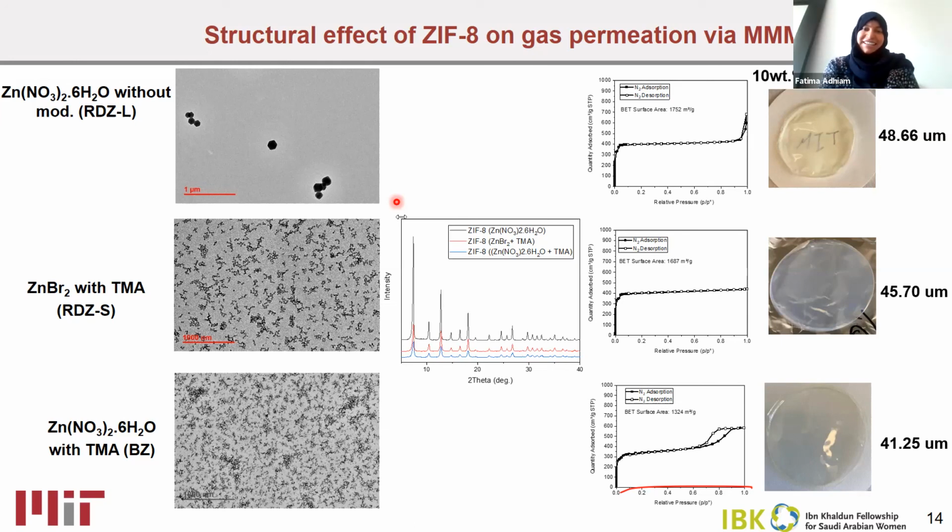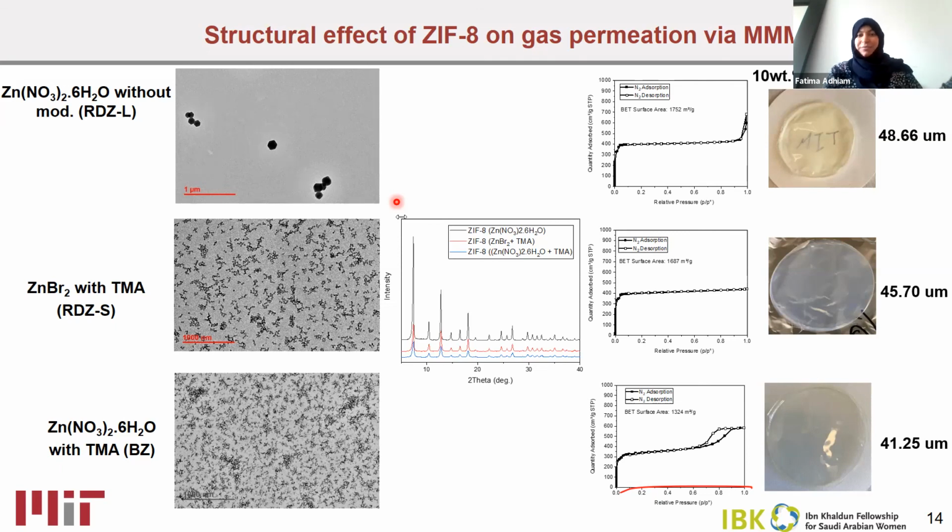Actually, I also did the mixed matrix membrane with ZIF-67. When I made this material, I thought I was going to have higher selectivity and permeability, more or less similar to the already published work. But in my case, I got the opposite.